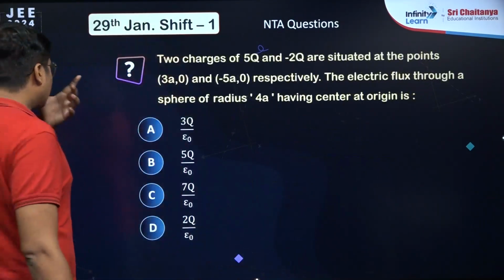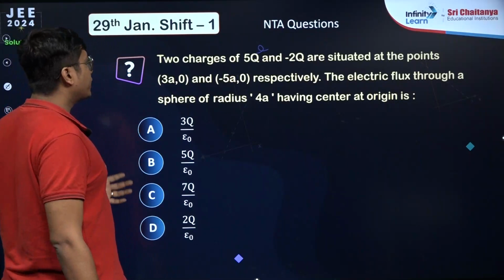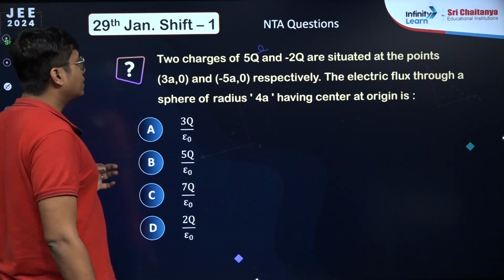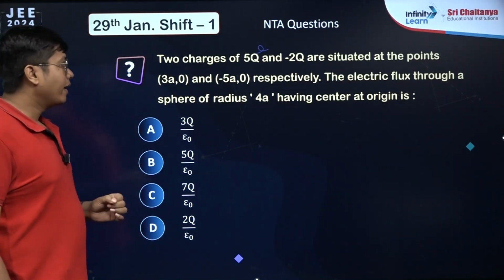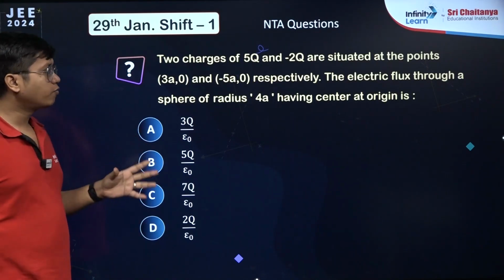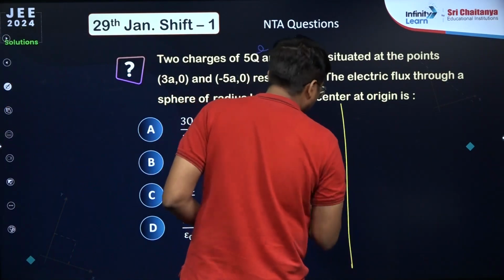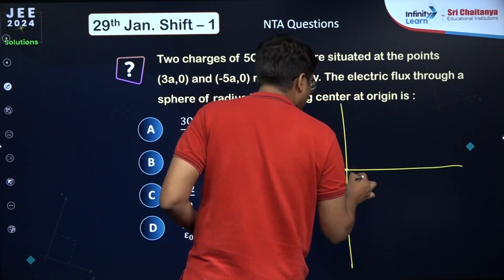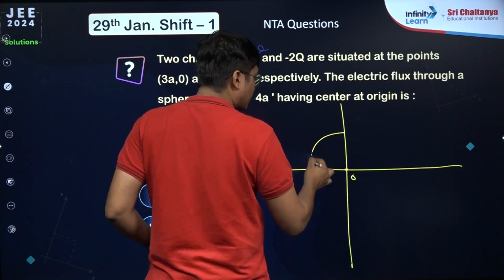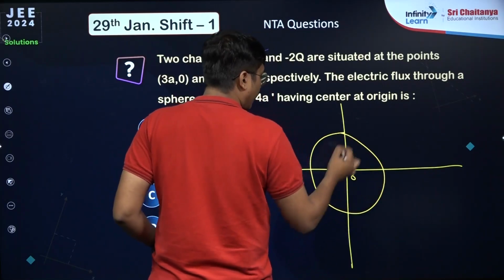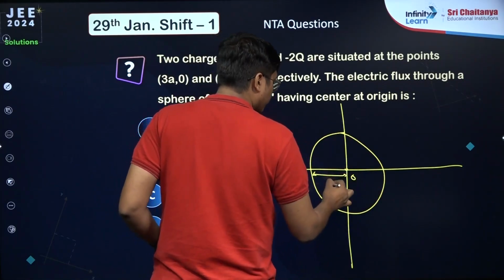Next one says, two charges 5q and minus 2q situated at points 3a, 0 and minus 5a, 0 respectively. Electric flux through a sphere of radius 4a having center at the origin is how much? Suppose this is your coordinate axis with this as the origin. You have a circle and the radius of the circle is 4a.